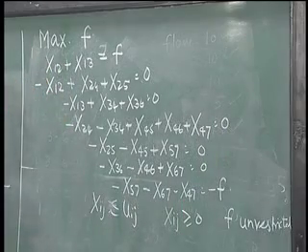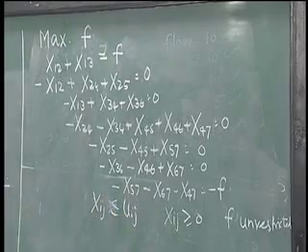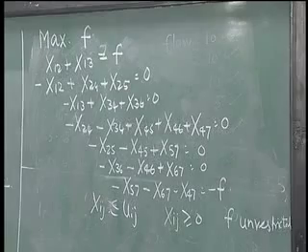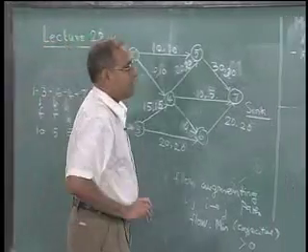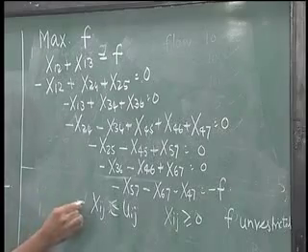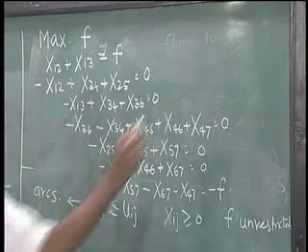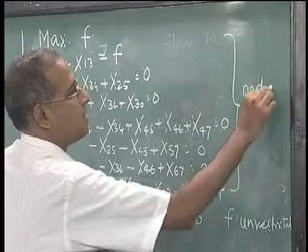But before that, we also need to look at this constraint. This is an important constraint because whatever quantity that flows in an arc should be less than or equal to the arc capacity. So xij should be less than or equal to uij. Now this is important. There are as many constraints as the number of arcs in the network. Now here there are as many constraints as the number of nodes in the network.